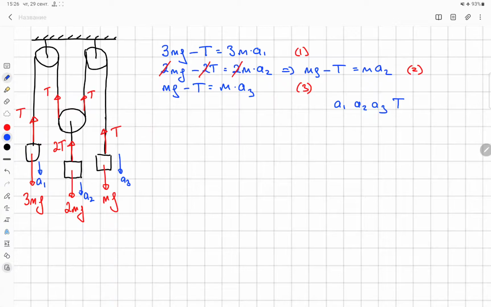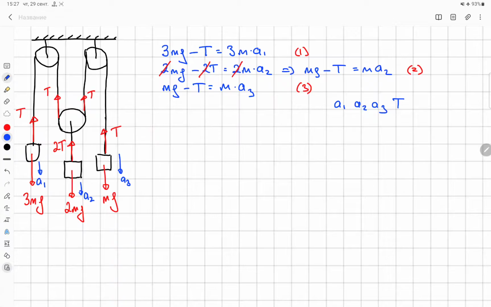It means we need one more additional equation in order to complete this problem. And this last equation, I believe, should be a relationship between accelerations, and this will come from the constant length of the string.